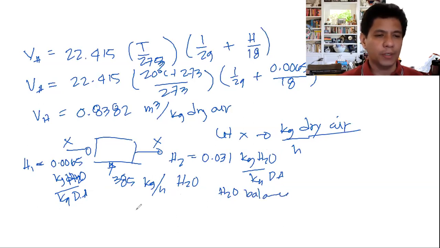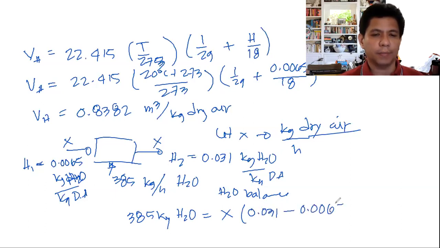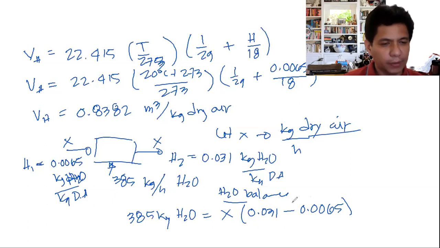If we're going to perform a water balance, this is just simply 385 kilogram water is equals to X times 0.031 minus 0.0065. I hope you can imagine this equation. Ano? Parang ito yung lumalabas, tapos ito at saka ito, sila yung dalawa yung pumapasok.